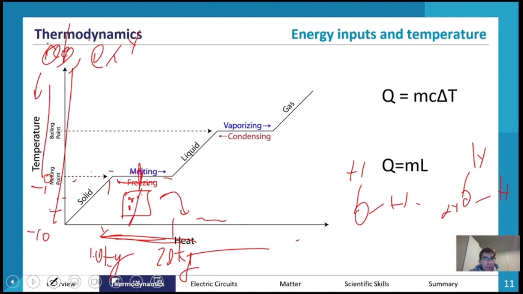Halfway through, in this graph, at 15 kilojoules of energy, half of the ice has been converted into liquid water. But still the temperature is not changing, right?